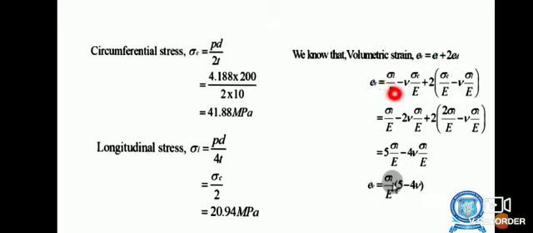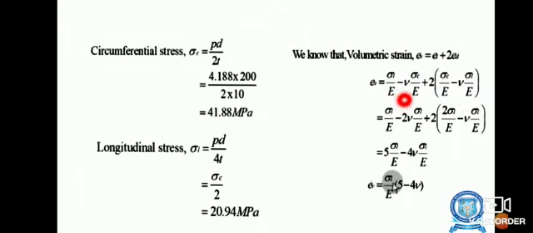So we can apply the lateral strain formula: sigma L divided by E, that is longitudinal stress divided by Young's modulus, minus mu, that is the Poisson ratio, sigma C, that is hoop stress divided by E, plus 2 into bracket, close the bracket, sigma C divided by E minus mu sigma L divided by E. So that is the explanation of the formula.